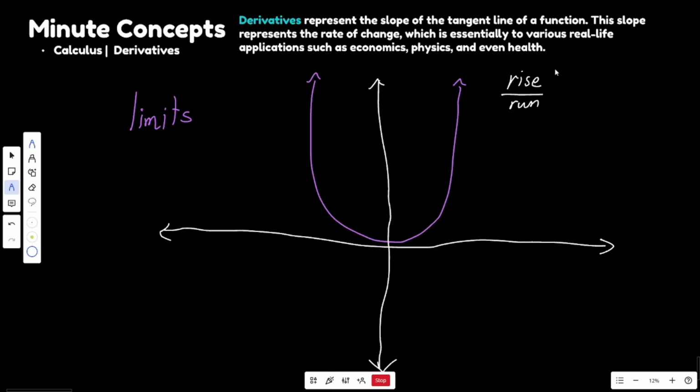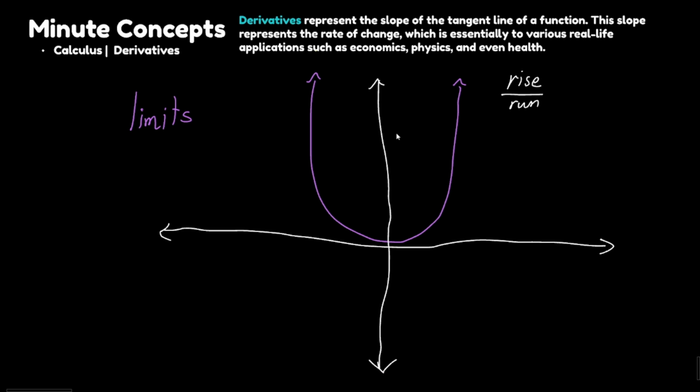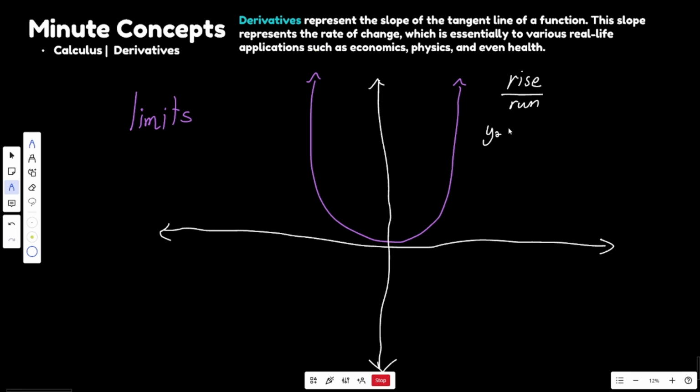It's kind of different here because even if I had a grid, my rise over run wouldn't be exact. It's curved. So what I'd use for my formula would be y sub 2 minus y sub 1 over x sub 2 minus x sub 1. This is our slope formula. This is average slope.